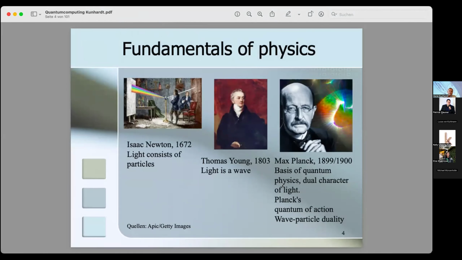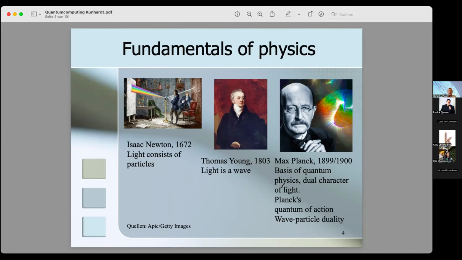Let us start a bit with fundamentals of physics, and I want to drop some names that are important in the development of the quantum technology that we see right now. So Isaac Newton, 1672, a British scientist, made up his thoughts about the topic of light. What is light consisting of? And Isaac Newton stated that light consists of particles.